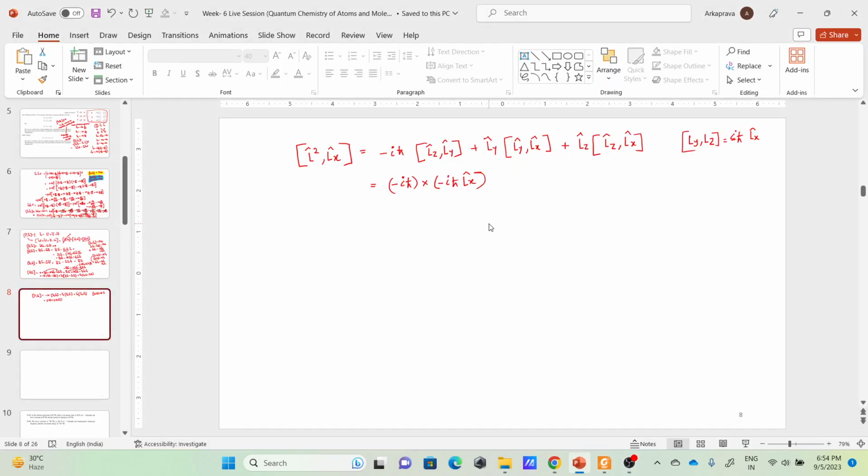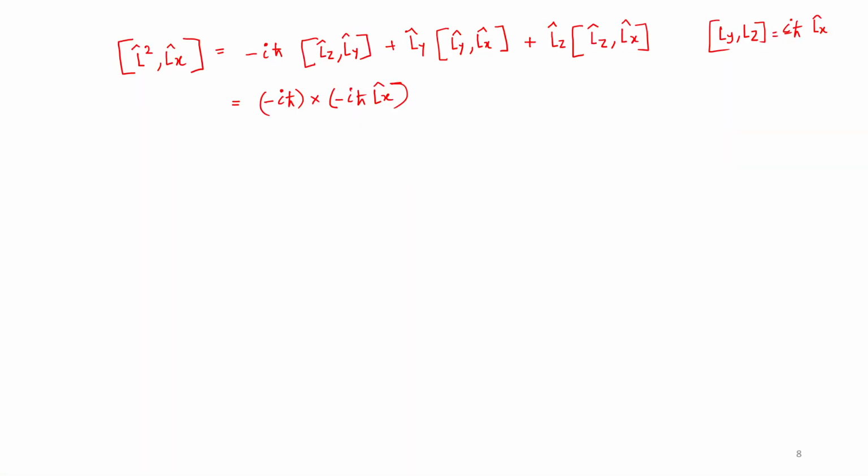So now see Ly and Lx. We know Lx and Ly. This relationship is known, which is iħ Lz, right? So we have solved it a few moments back. So again, we have to take reverse of that. So here we will get Ly into minus iħ Lz.